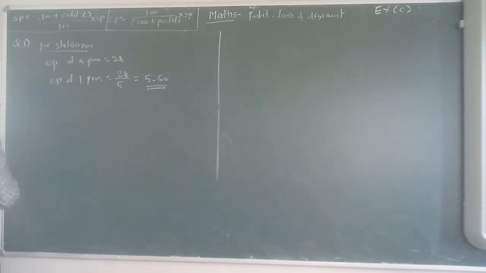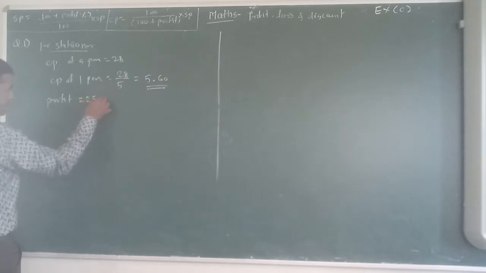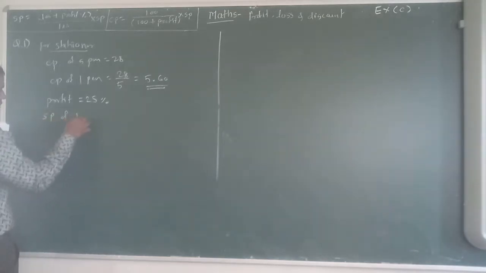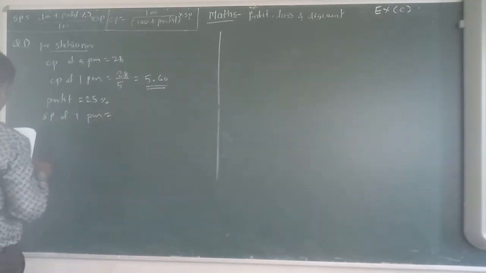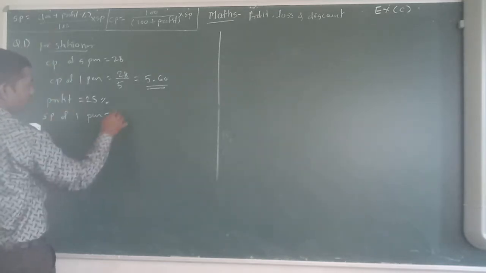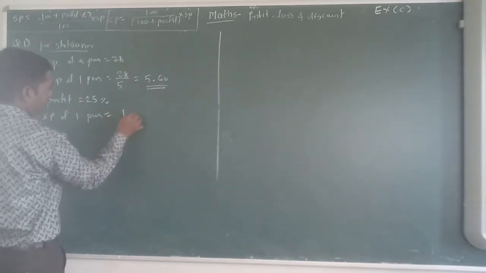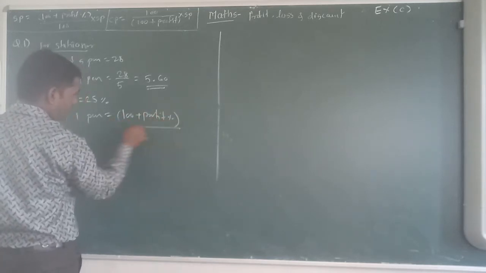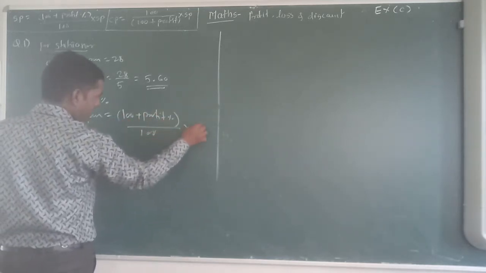So profit is given as 25%. We will find the SP of 1 pen first. For SP we will use this formula: (100 plus profit percent) upon 100 multiplied by CP.